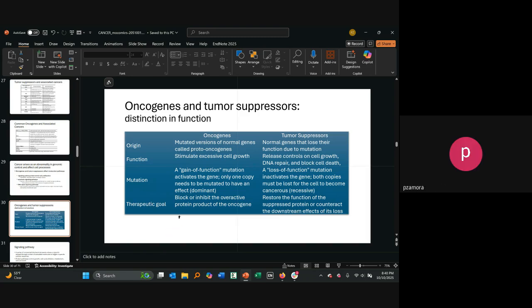Let's take a pause here. Aria, are you familiar with dominant versus recessive genes? Yeah, I've learned about them before in honors bio. Can you tell us a little bit about the difference, what's meant by that?